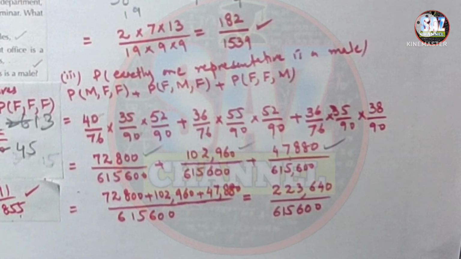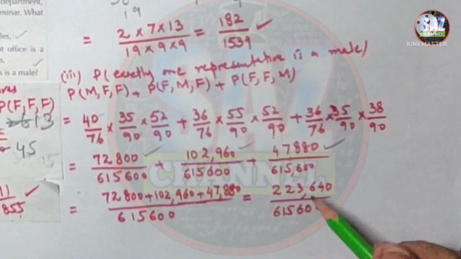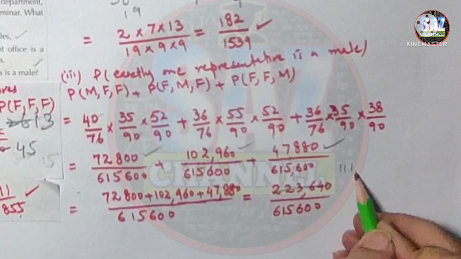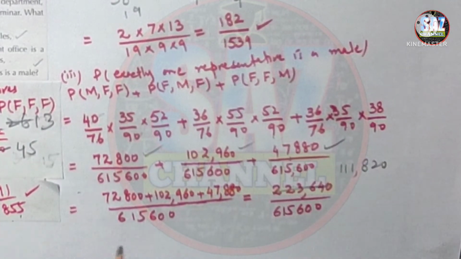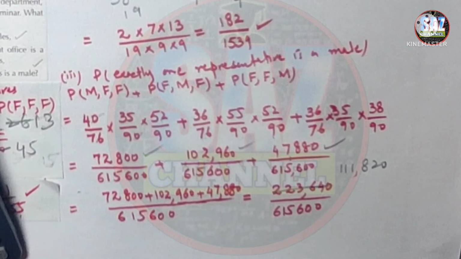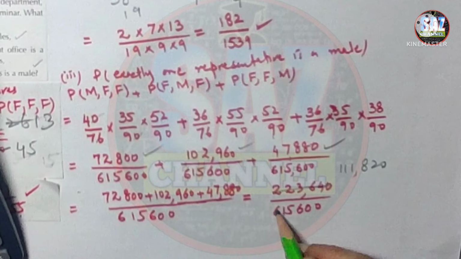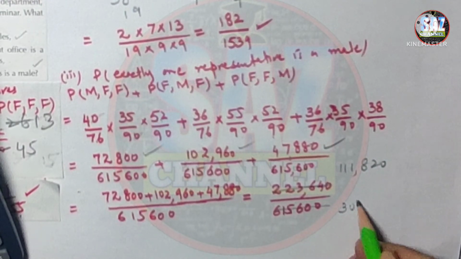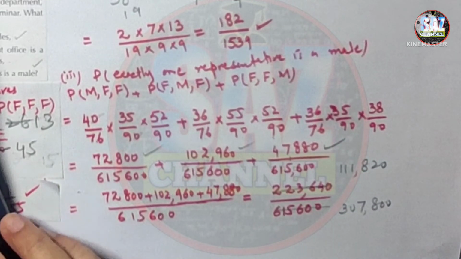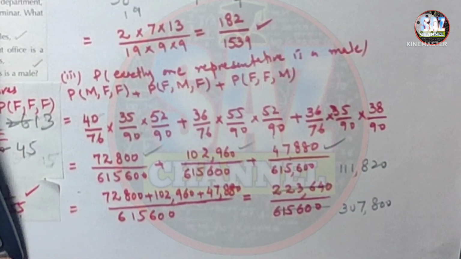If I divide this number by 2, I get the number. Let me first write the value in pencil: 111,820, and at the same time 615,600 divided by 2 gives me 307,800. Again I have to divide this number by 2.